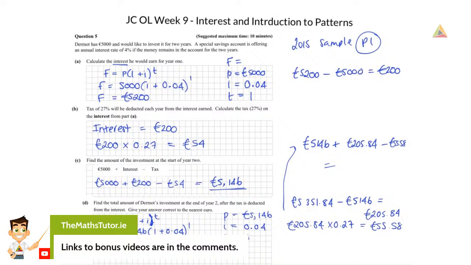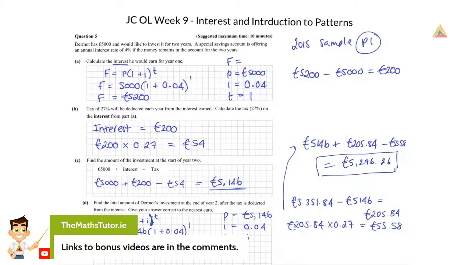When you put that into the calculator, so it's 5146 plus 205.84 minus 55.58, and you will get €5,296 and 26 cents.